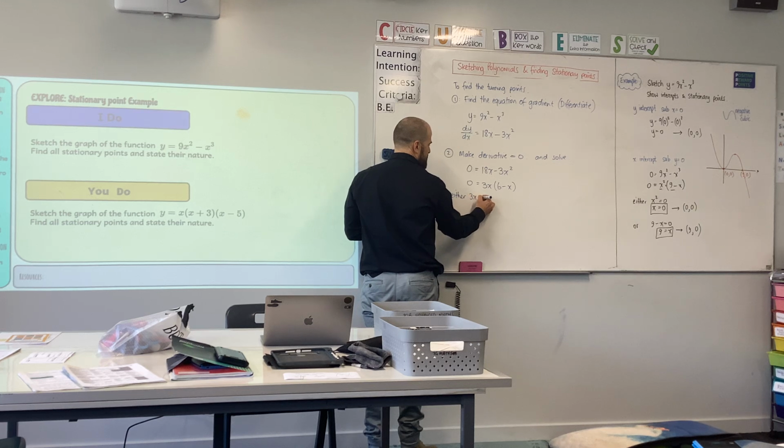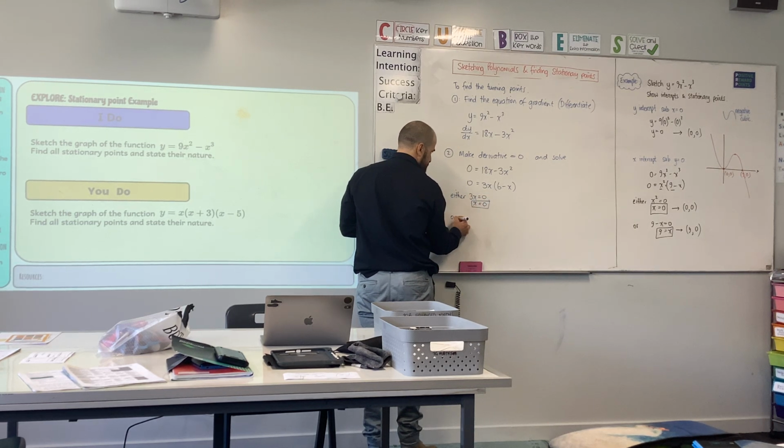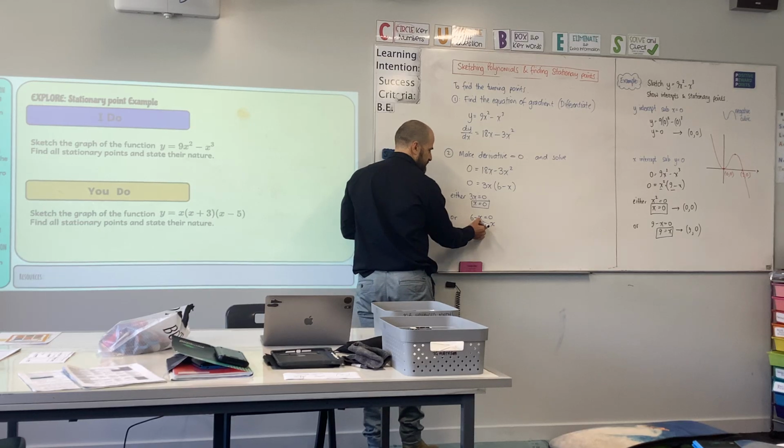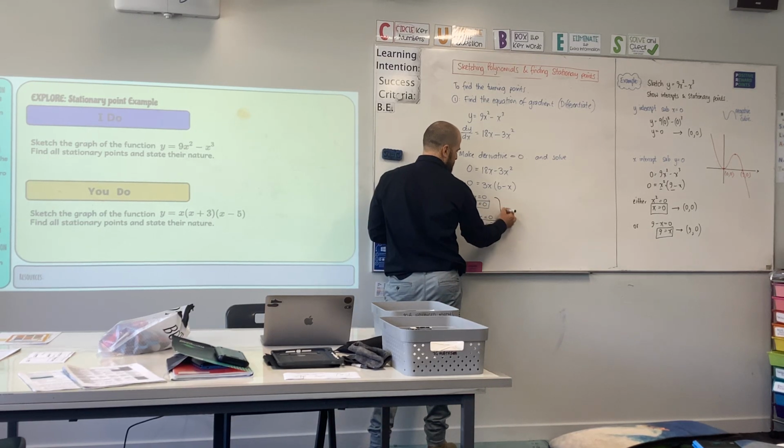Either 3x equals 0, in which case x equals 0, or 6 minus x equals 0, in which case x equals 6. So these are the 2 points when the gradient is 0.